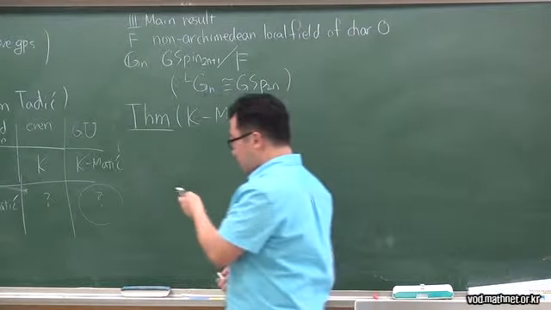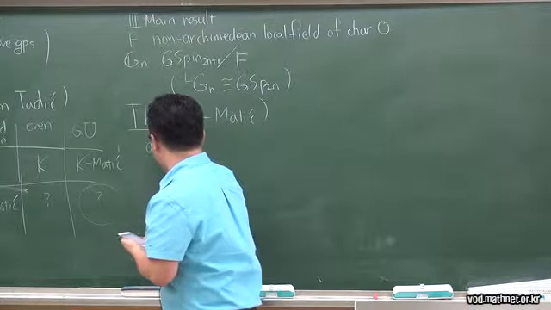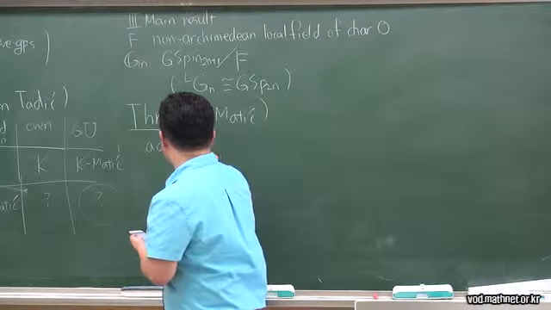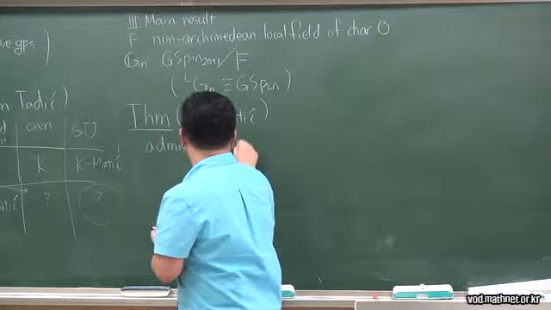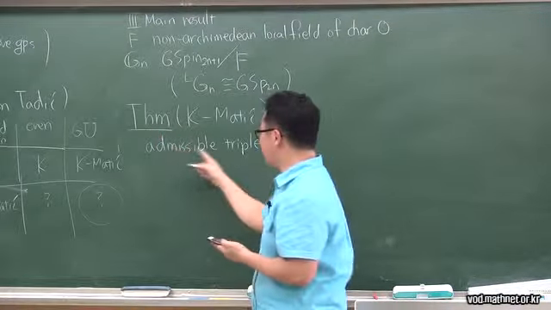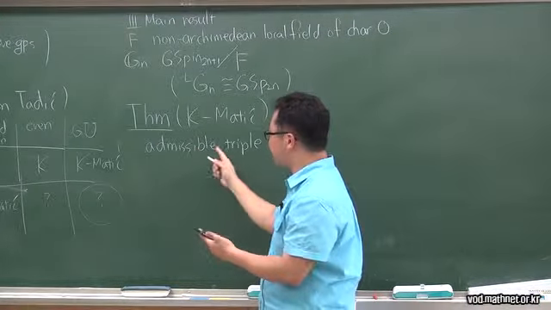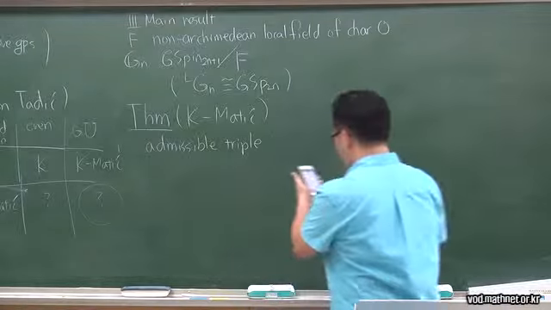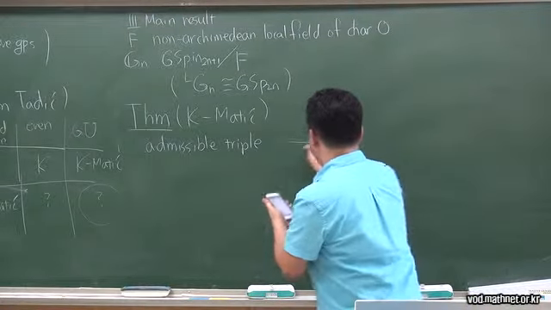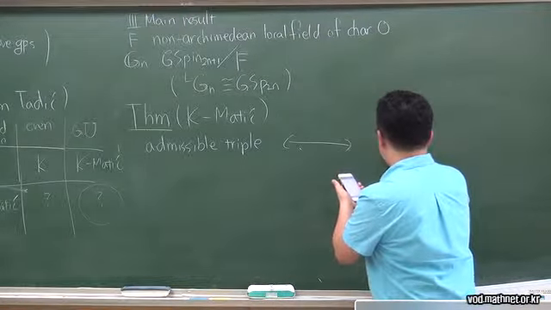This is the so-called admissible triple. By the way, this admissible is different from admissible representations. It is just a triple that satisfies certain conditions. And using this data, we classify certain discretes.